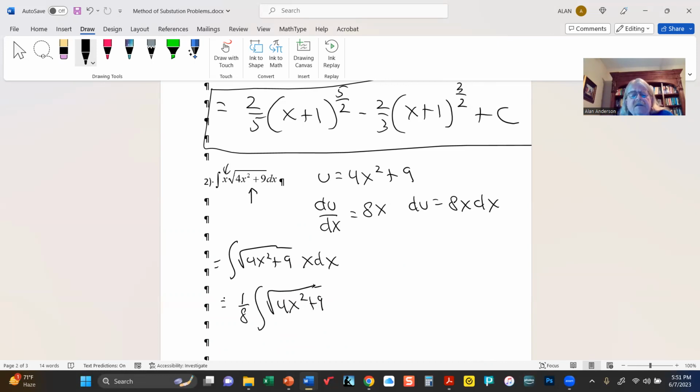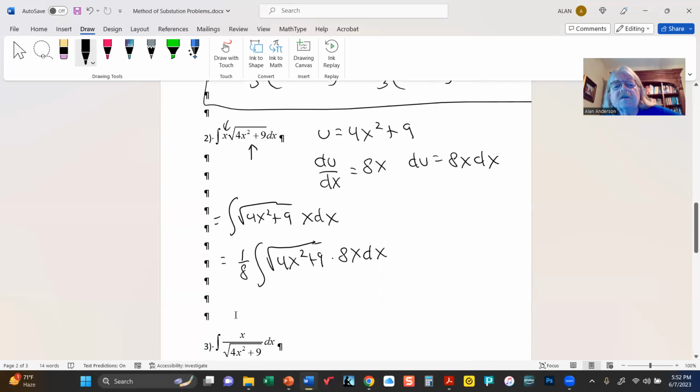I'm multiplying on the outside by an eighth, and the interior I'm multiplying by 8. So clearly I have not changed anything. But what I've done is written this in a more convenient form, because if you notice, all of a sudden, look what we have.